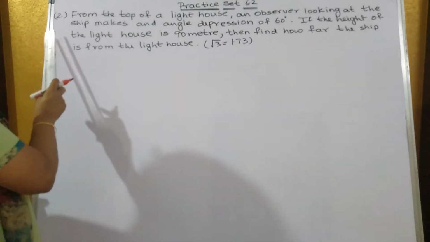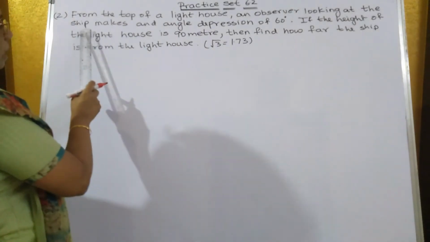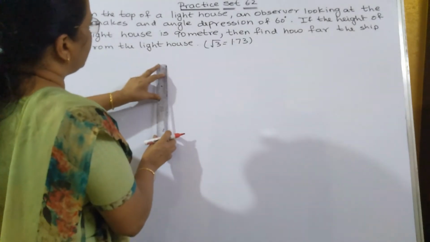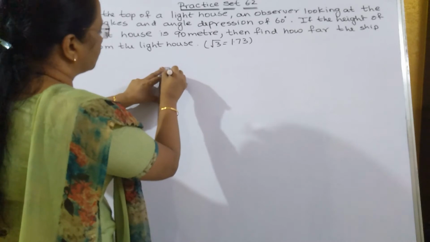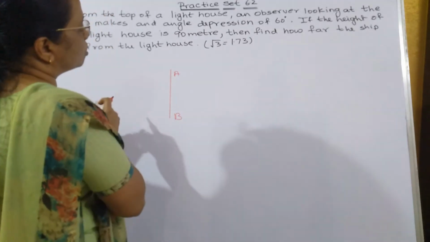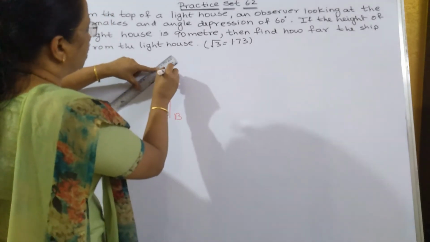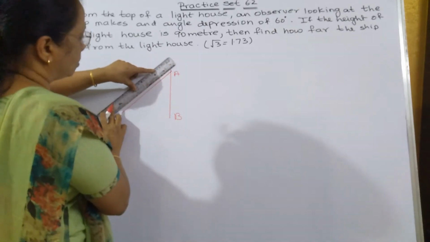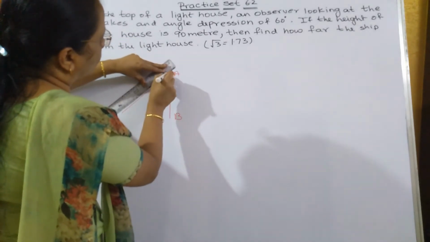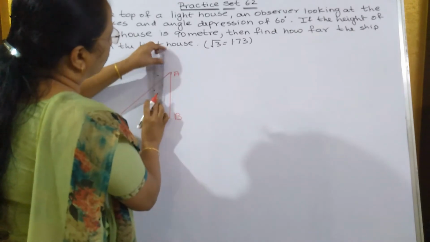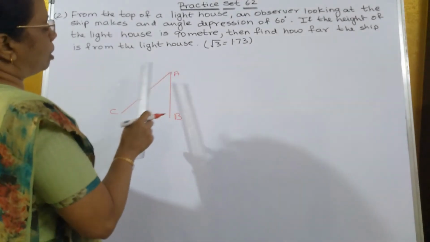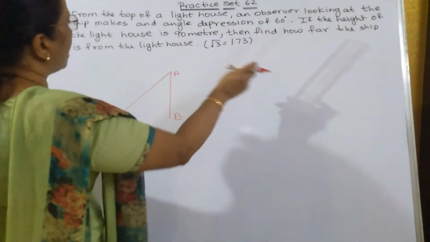Now the second sum: from the top of a lighthouse an observer is looking at a ship and makes an angle of depression of 60 degrees. So suppose this is a lighthouse, and the observer is at position A and he is looking at a ship which is at position C. The height of the lighthouse is 90 meters.